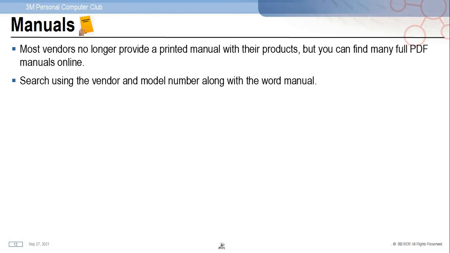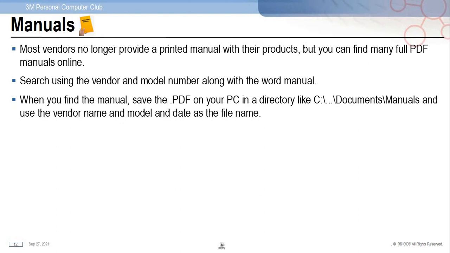You can use the vendor, so if it's a Samsung TV and it's model number XXXXY, and put the word manual in there, Google will come up usually with results that'll point to a PDF manual for the TV. When you find the manual, I recommend that you save that PDF to your PC and keep it in a directory.